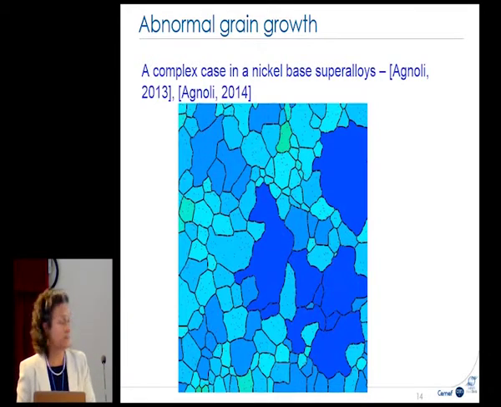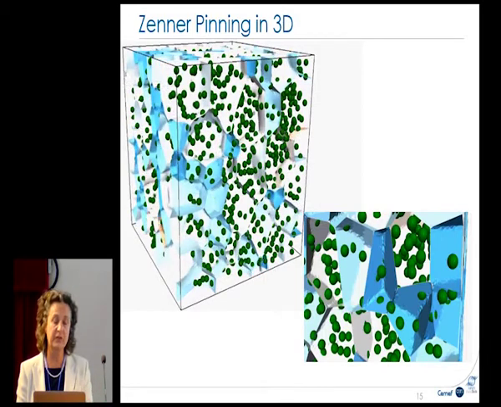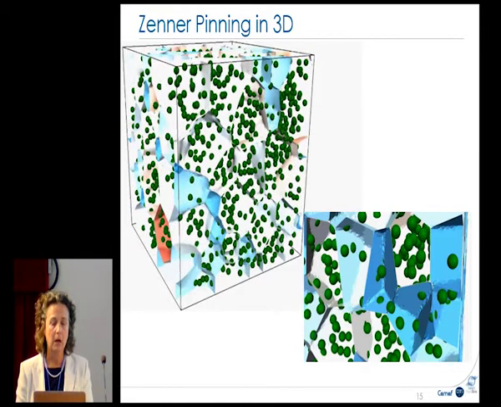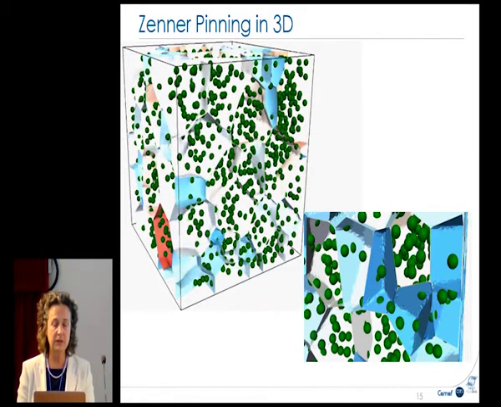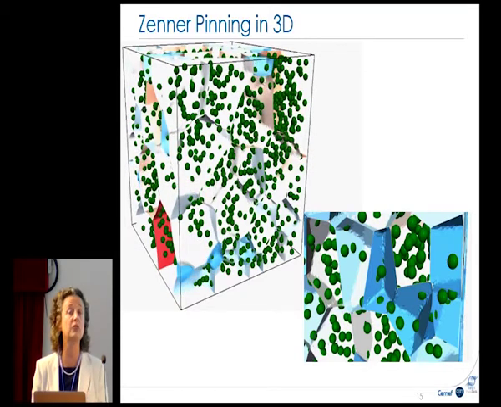This is an example of the result. Here is the representative volume, and here you have the grains, and we try to see the evolution of these grains over time, for example during heat treatment.